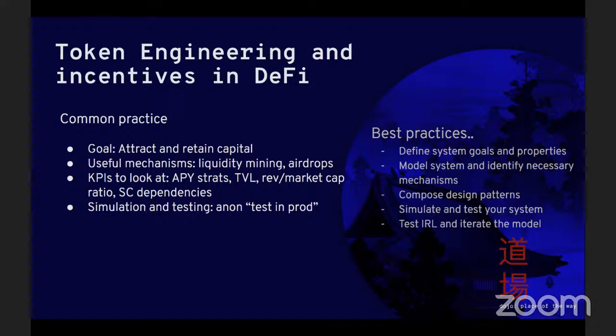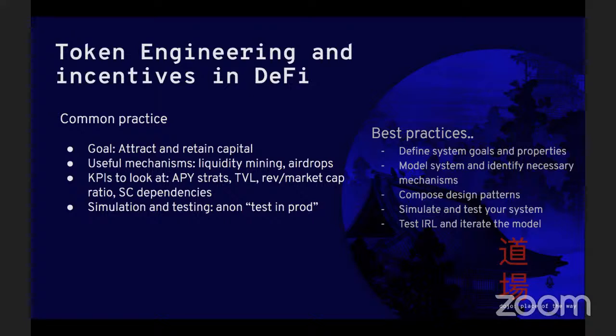Now, there's many other things you can look at. Obviously, you can build different APY strategies. APY stands for annualized percentage yield. So what will be your inflation policy with regards to your liquidity mining program? That's the APY strategy. Then if you're evaluating the health of a network, you have the total value locked.